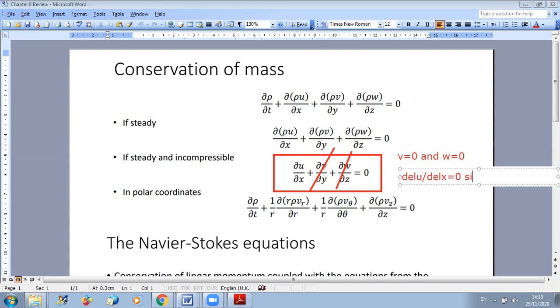It is a fully developed flow. Another method to solve this problem: I can tell you it's fully developed, so you deduce that del U by del X is 0. So always look at the given, and depending on the given, you can draw your conclusions. So it's a fully developed flow. Doctor, okay? Yes.